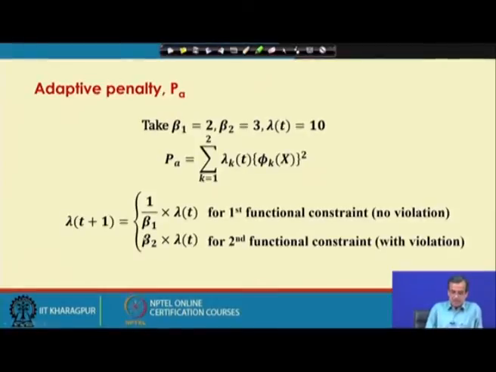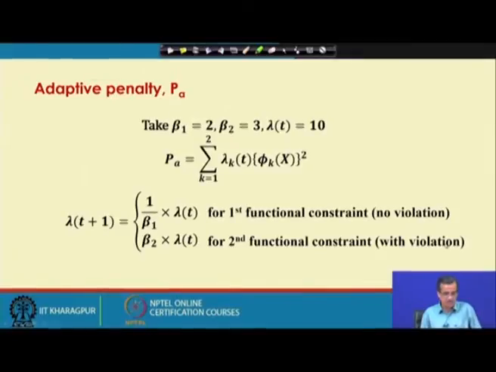According to this particular formula, lambda t plus 1 is nothing but 1 by beta 1 into lambda t for the first functional constraint, because here there is no violation of the constraint, and I will have to use beta 2 multiplied by lambda t for the second functional constraint, because here there is a violation.